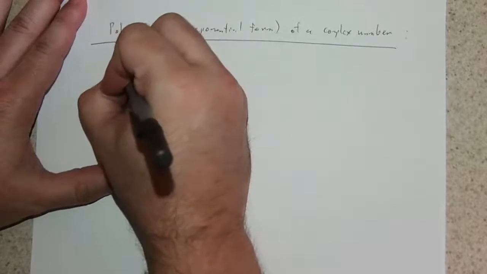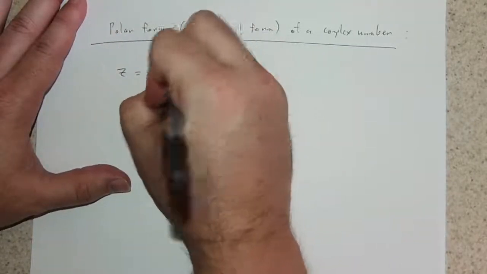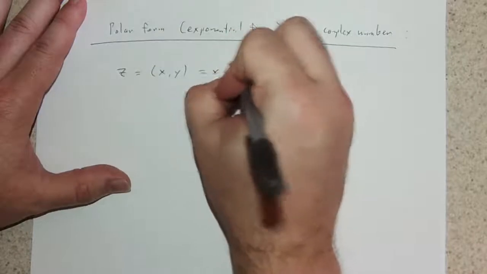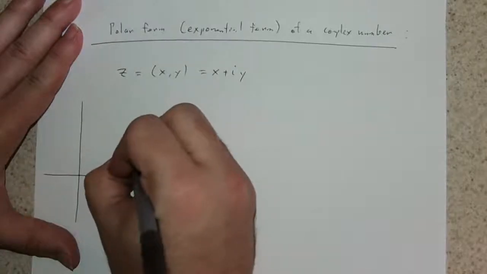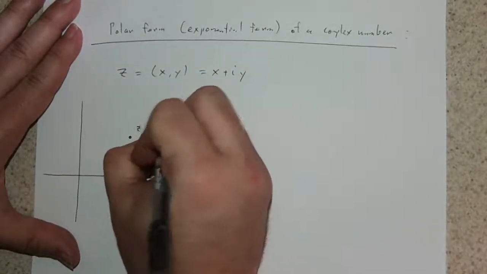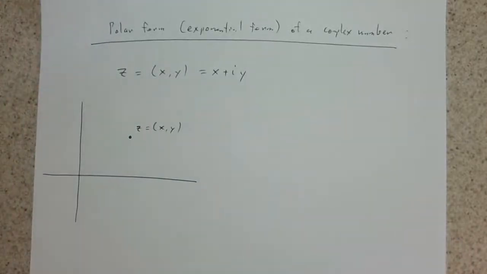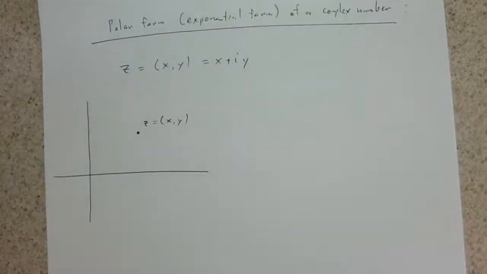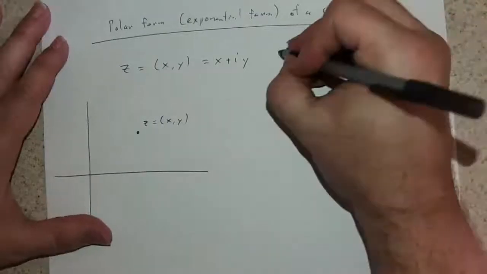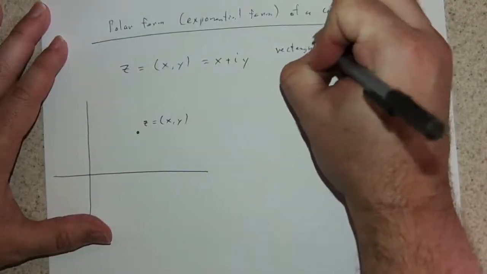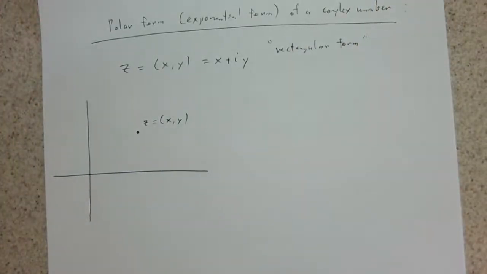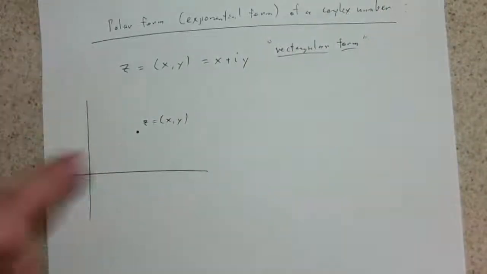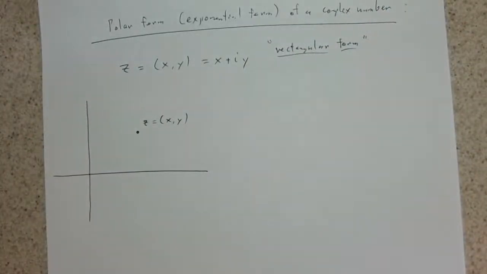Well, I'm thinking of a complex number z as an ordered pair, or of course x plus iy. So again, here's my typical picture. There's my point z represented by ordered pair xy. Well, what I want to do is to remember polar coordinates, so this is rectangular coordinates. This is sometimes called rectangular form of a complex number. So the rectangular form is just its typical description in Cartesian coordinates, x, y.